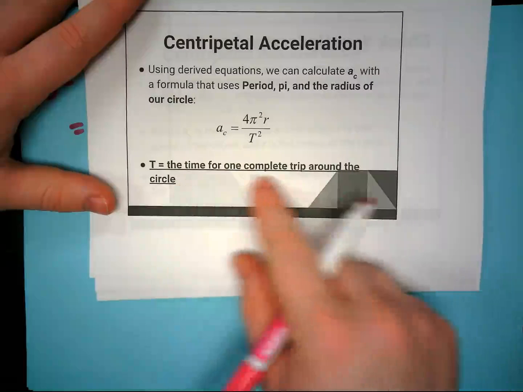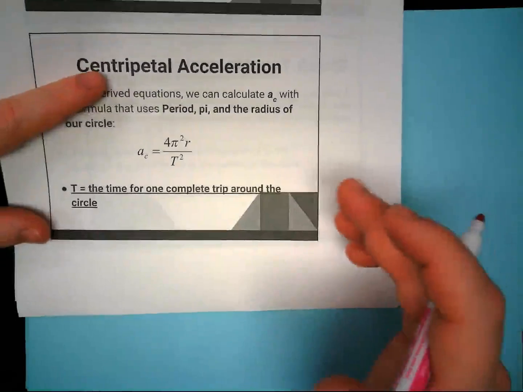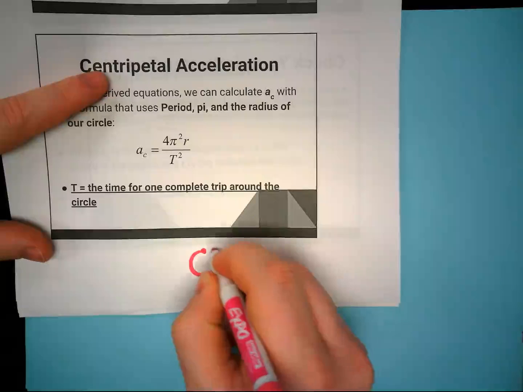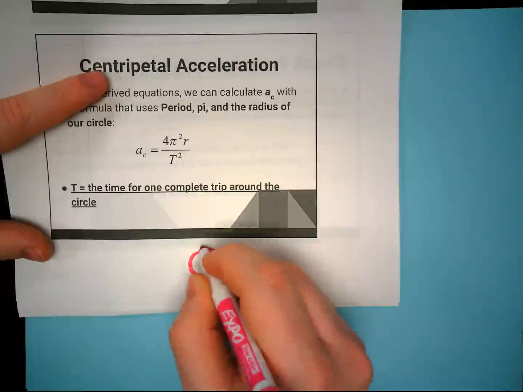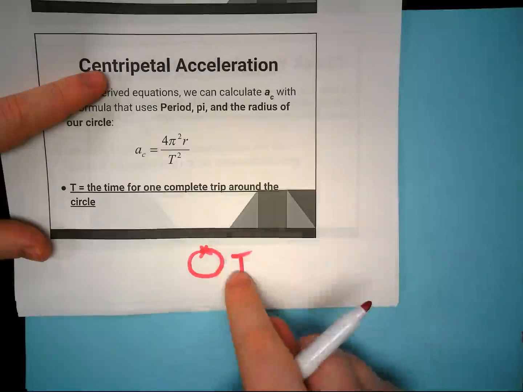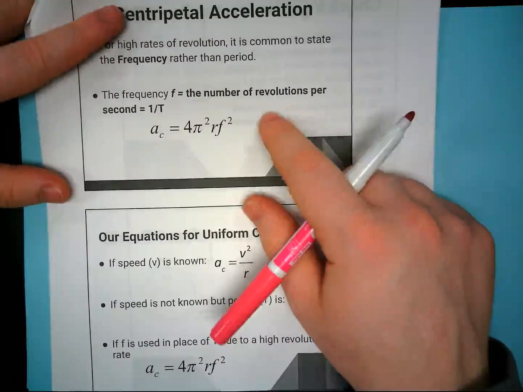So period is the time to complete one complete trip around the circle, the time it takes for one revolution. For you to go from here, all the way around, and finish where you started, the time it takes, that's your period. Then let's take a look at frequency.